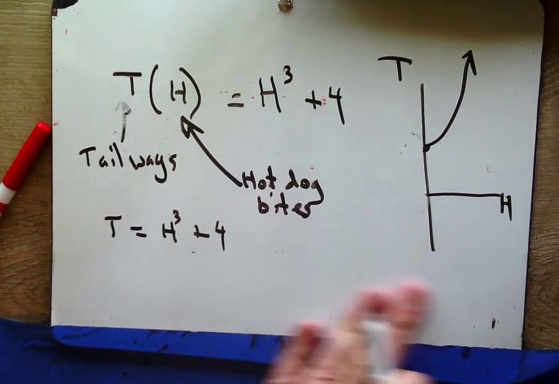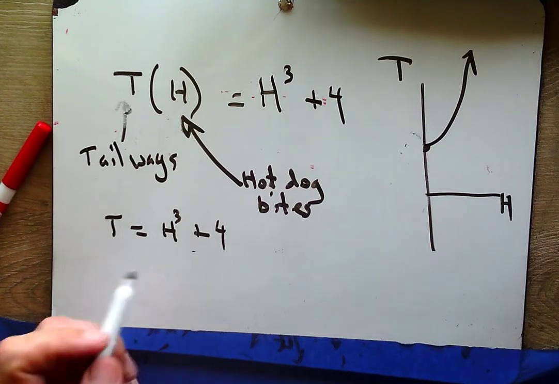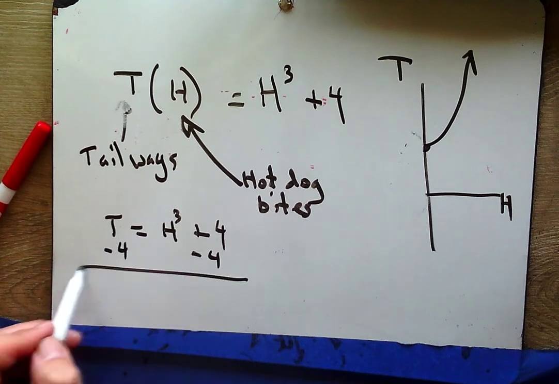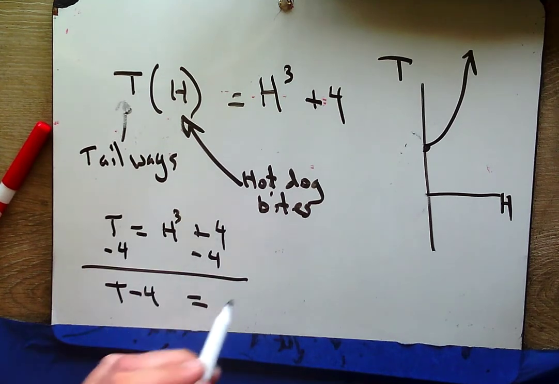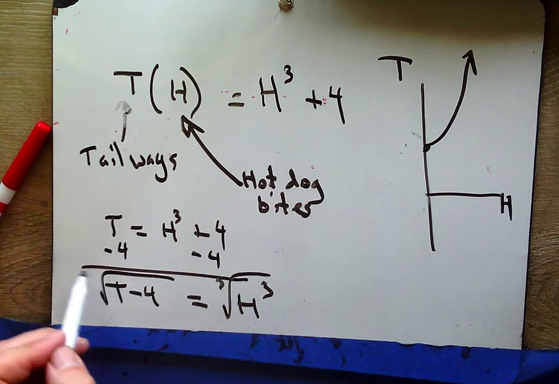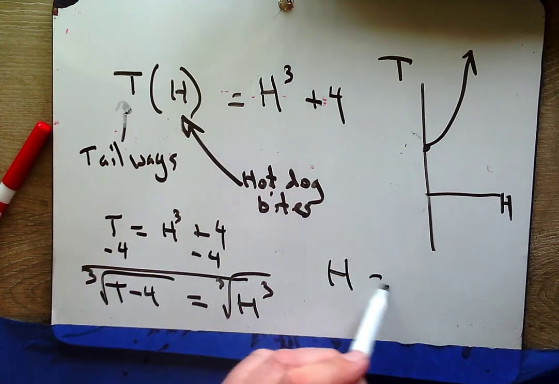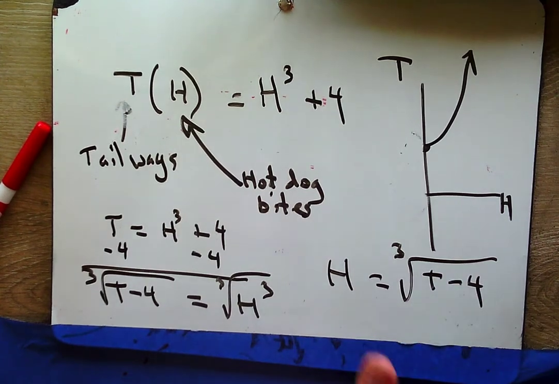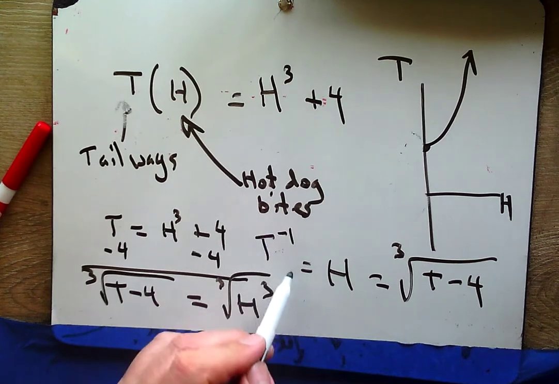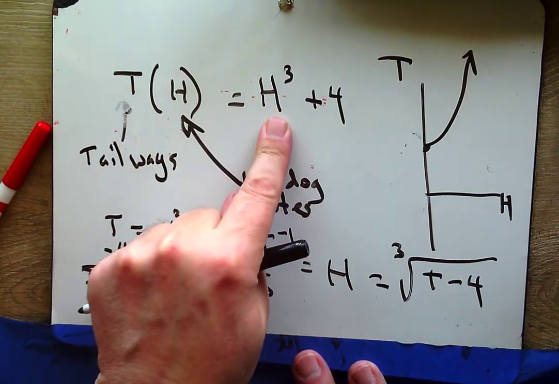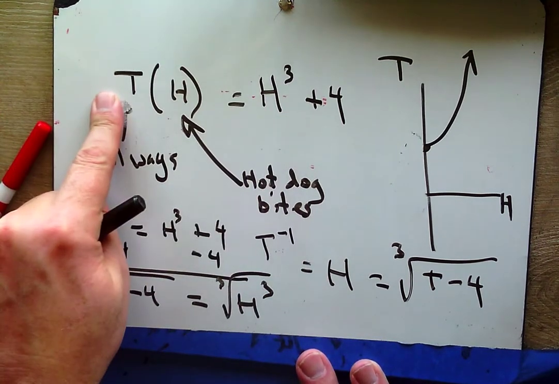Whenever we're doing a word problem, don't switch the variables, just solve for the other variable. And so I get h equals cube root of t minus 4. And this makes me much happier. This is t inverse, because originally we plugged in hot dog bites, we get out tail wags.